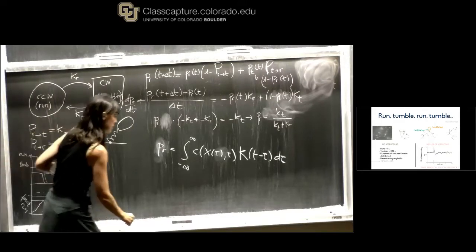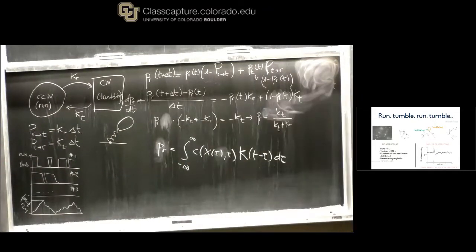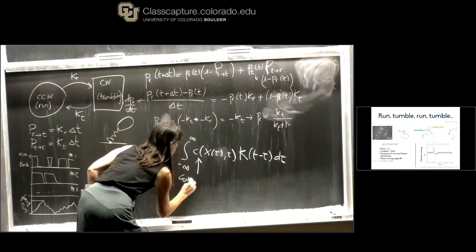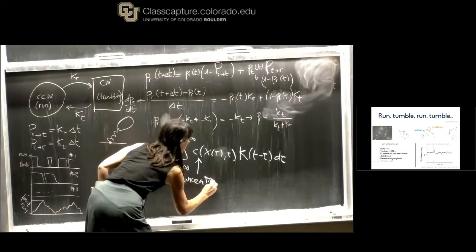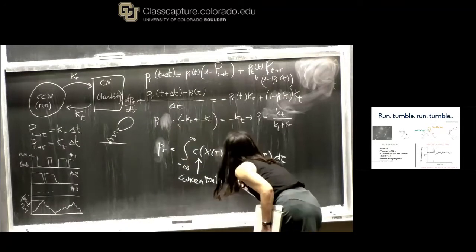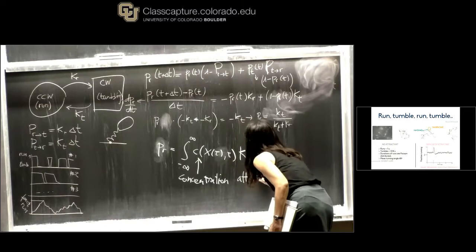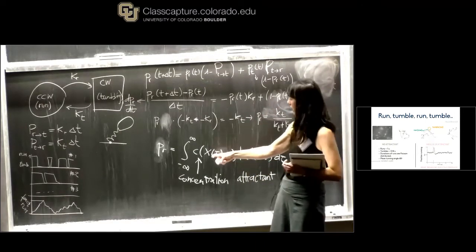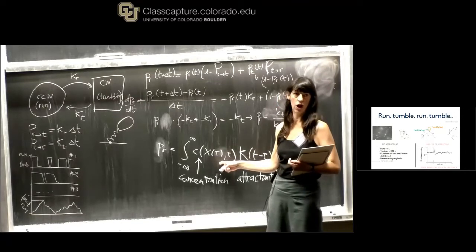The only difference in the notation is that now my F is C, and it's the concentration of attractant. And where is it calculated? It's calculated on the trajectory of the bacterium.